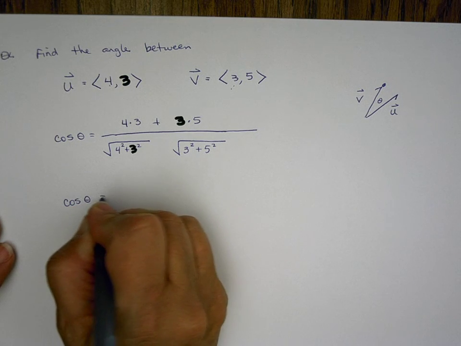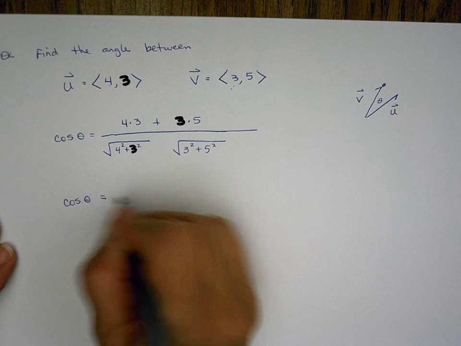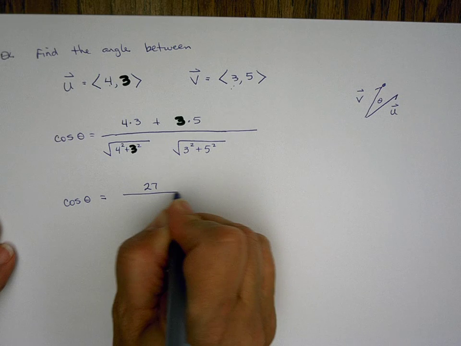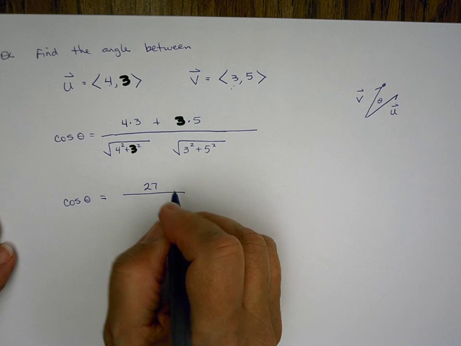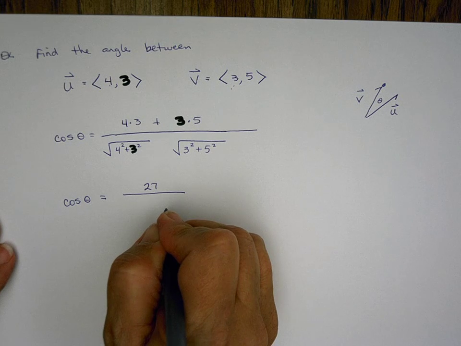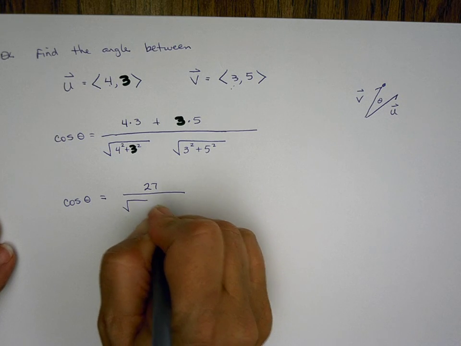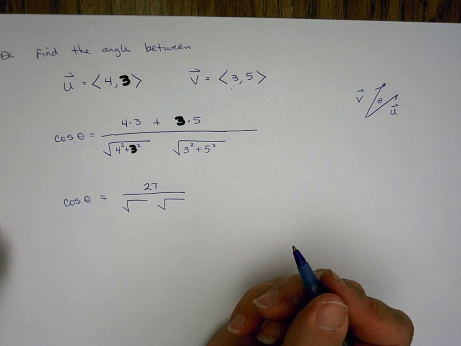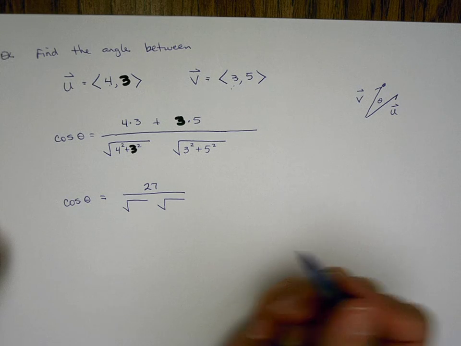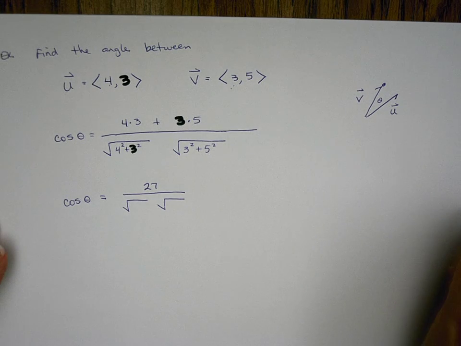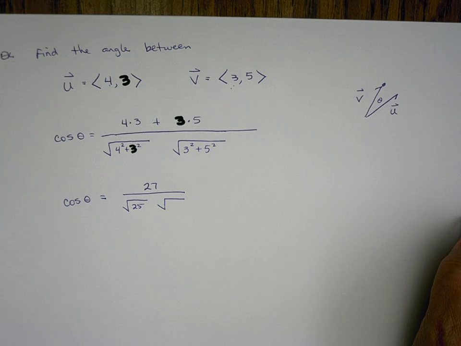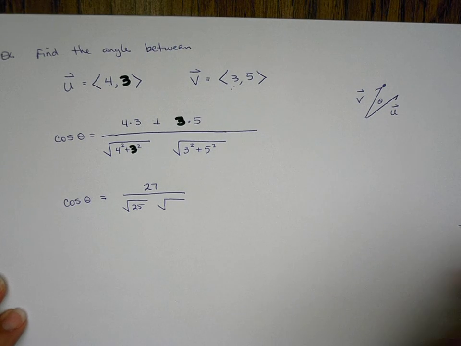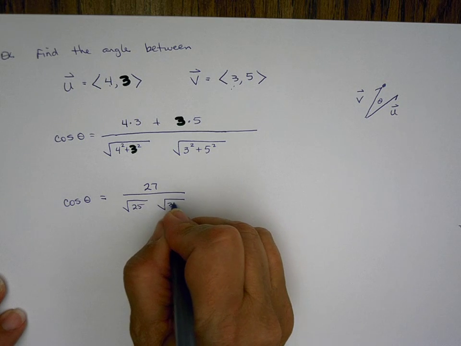So I have cosine theta is 27 over 25, 34.